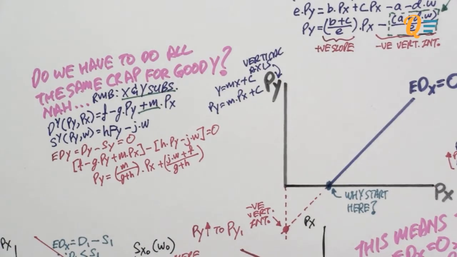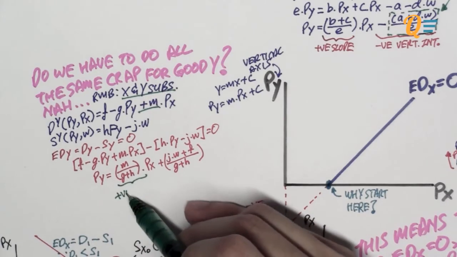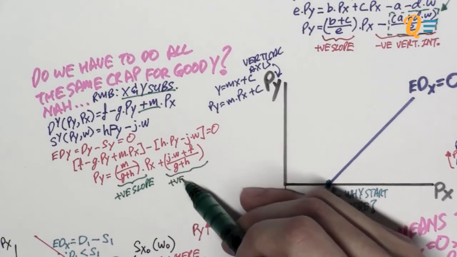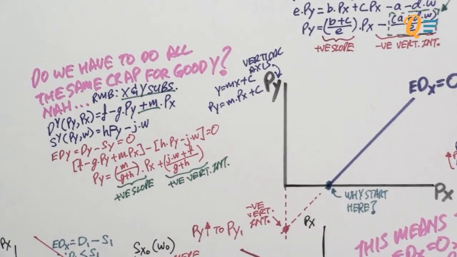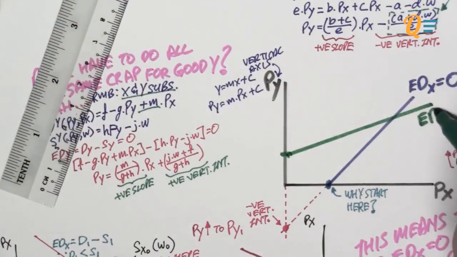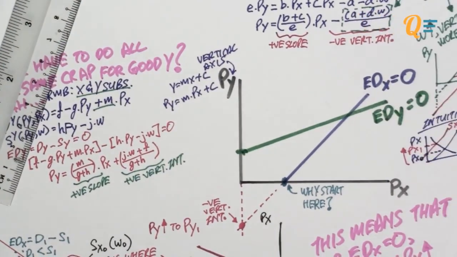Take note that all the things in front of PX are positive numbers, and that is why you will have a positive slope and a positive vertical intercept for the EDY equals 0 curve. Positive vertical intercept and upward sloping, there you have it, your EDY equals 0 curve. You see, it is that easy.